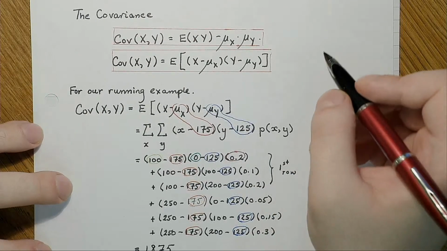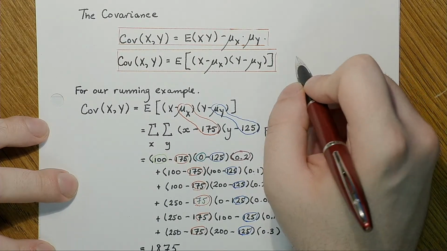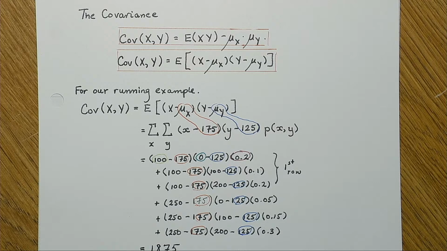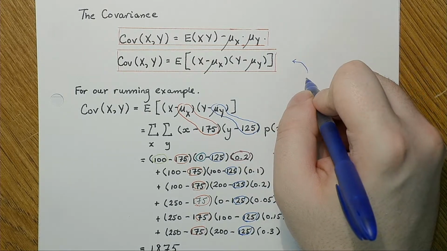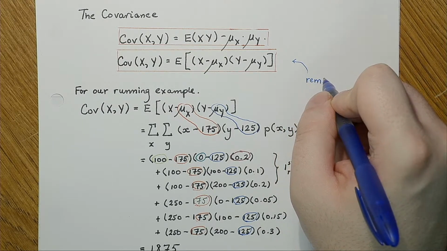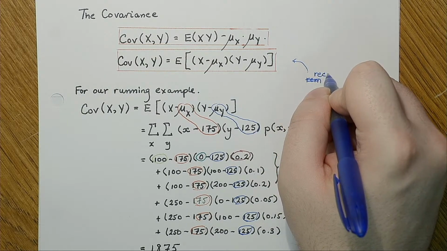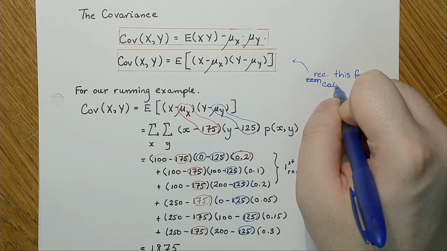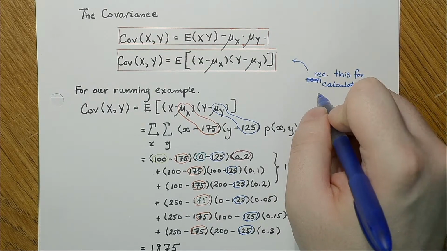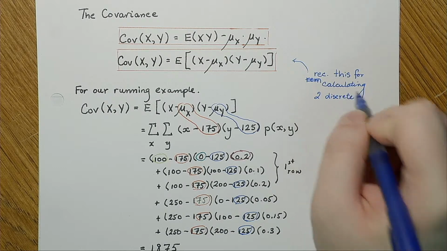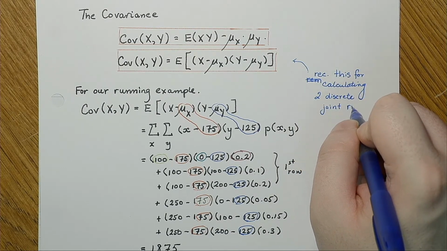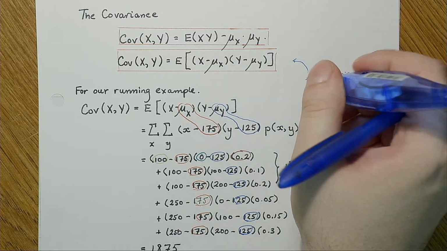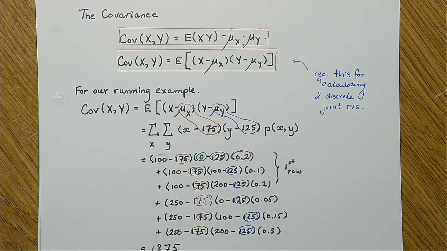So just as a recommendation, I would say use this, I recommend this for calculating two discrete random variables. Okay.